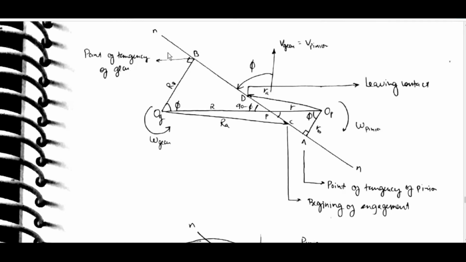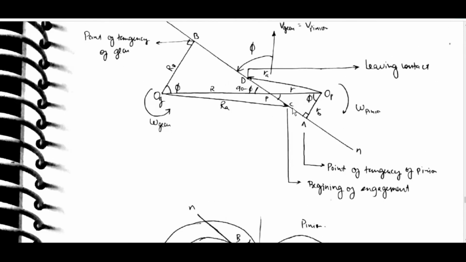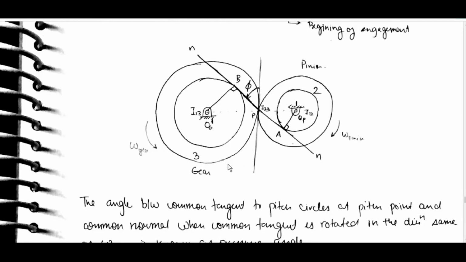RB base circle, point of tangency of gear. RE, point of tangency of pinion. Perpendicular. Beginning of engagement, capital R A, capital R B. Gear base circle, pitch point, I23, I13, I12.